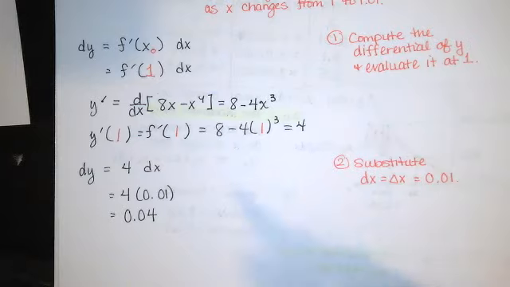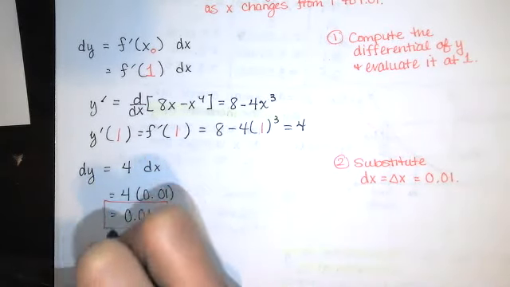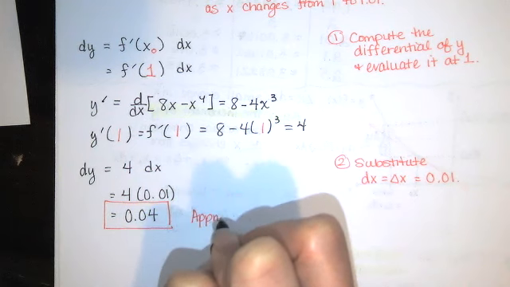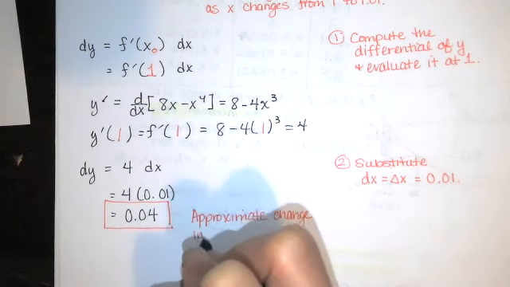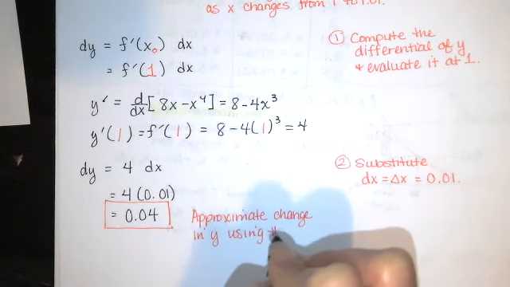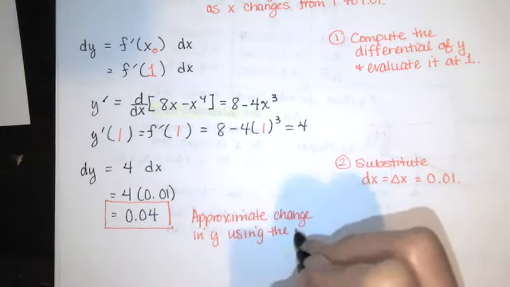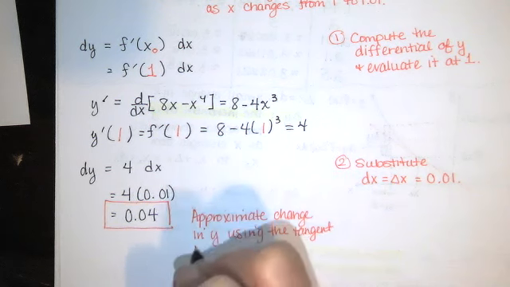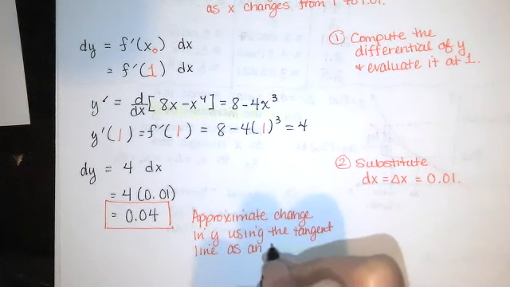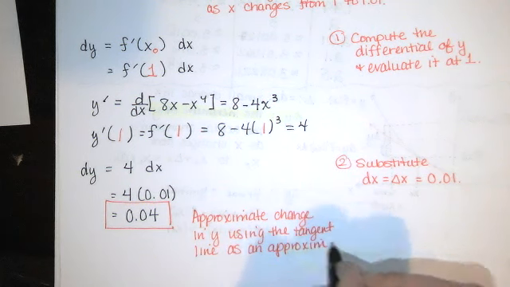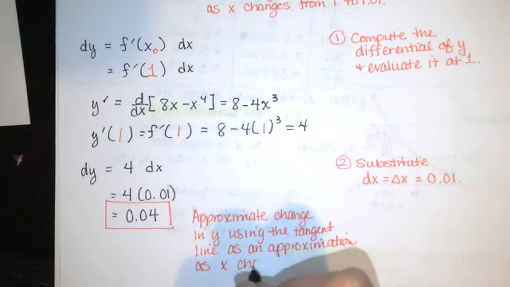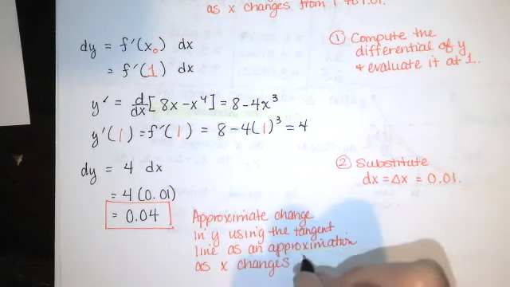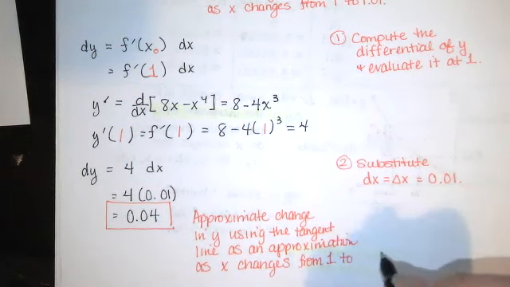Okay, so this is the approximate change in y, using the tangent line as an approximation, as x changes from 1 to, excuse me, 1.01.